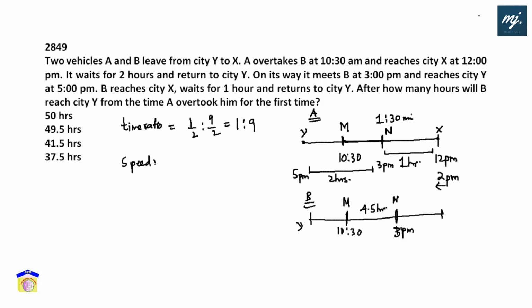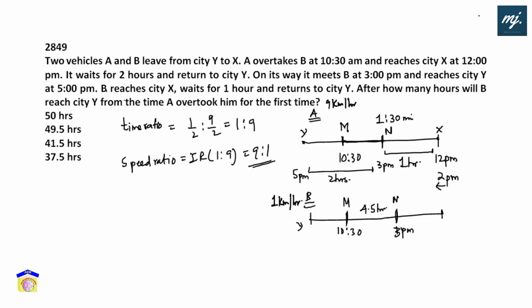Therefore, their speed ratio should be the inverse of the time ratio, that is 9:1. If the speed of A is 9 km per hour, then the speed of B is only 1 km per hour.